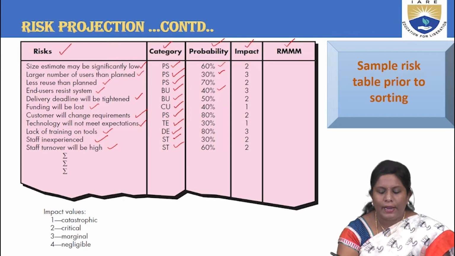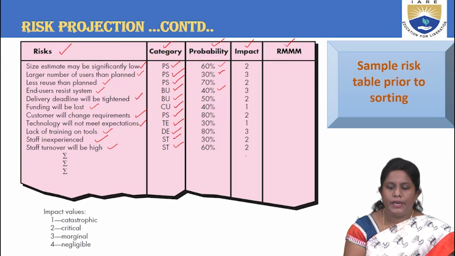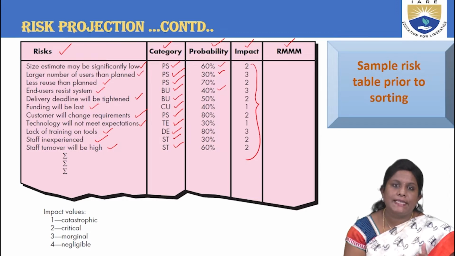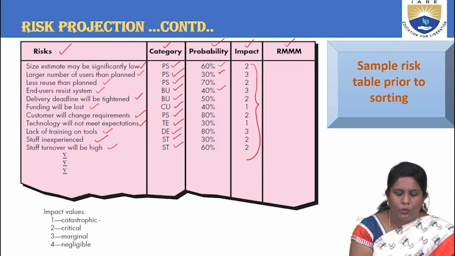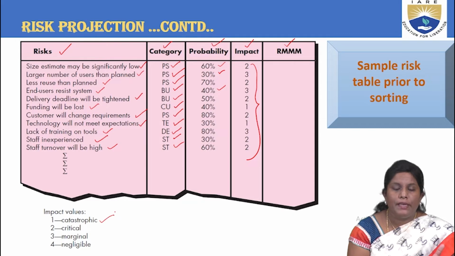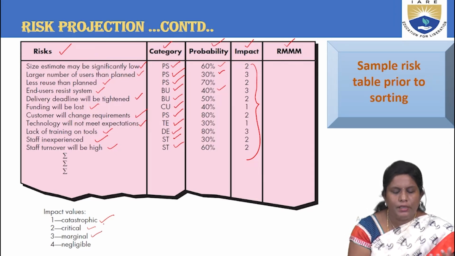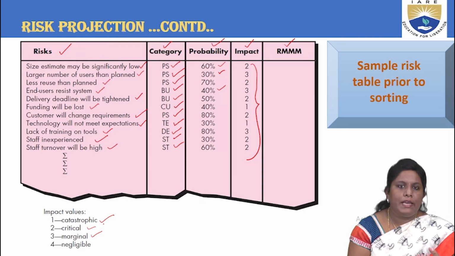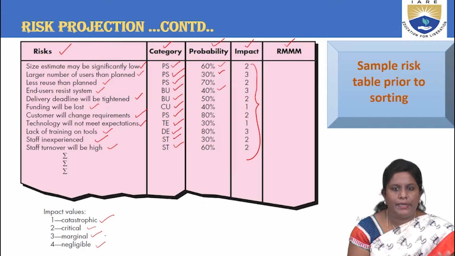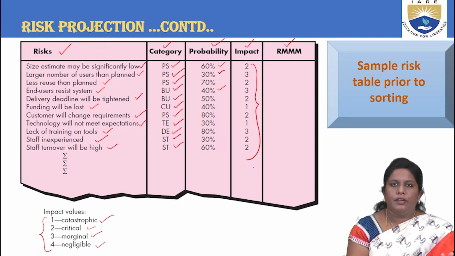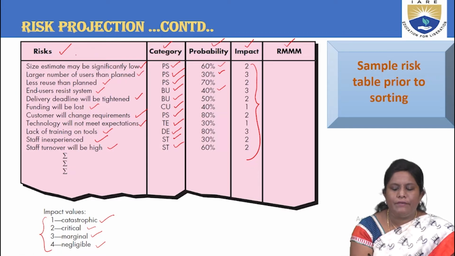So all these are having some impact factors. Now what are these impact factors which are having numbers here? As we have discussed in the categories priorly, one is the catastrophic, meaning there is a harm to the project or a product, and critical, wherein you can have a proper focus on it and remove it, and marginal is nothing but very minimal effects, negligible you can neglect. So these 4, 1, 2, 3, 4 have been jotted down here under each and every risk.